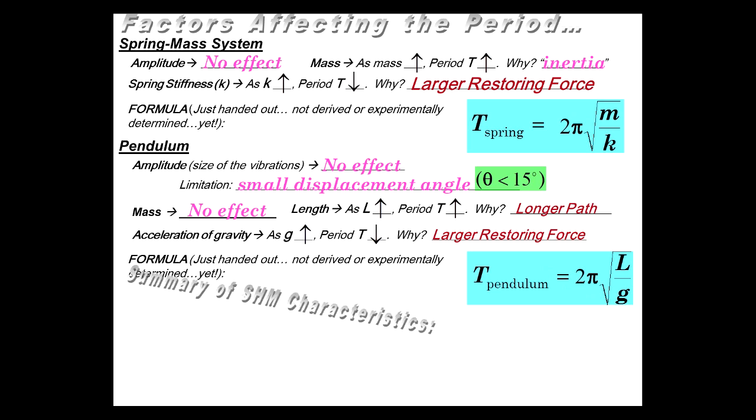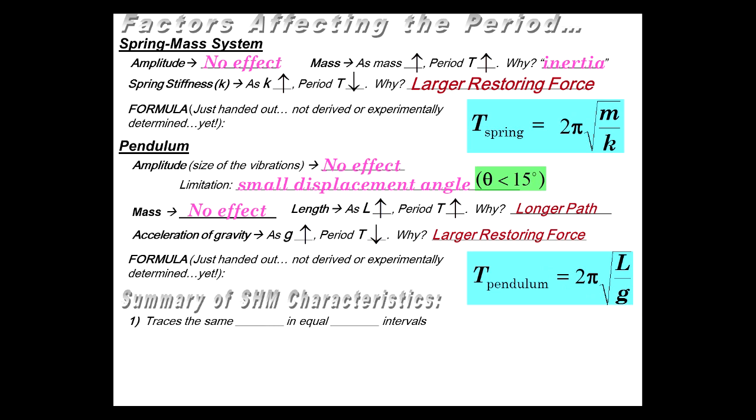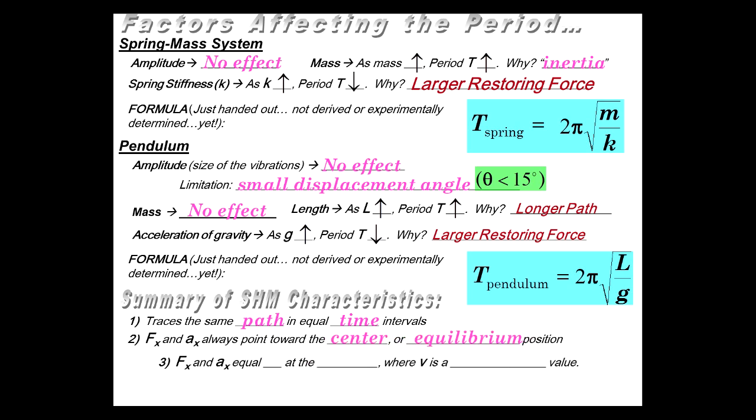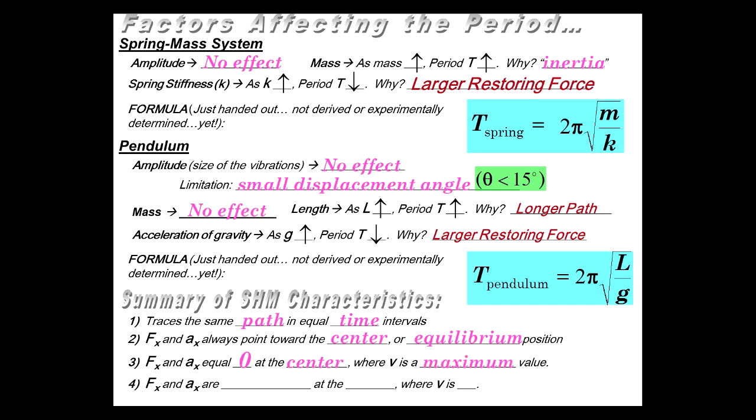And there's the formulas. Now, summary of SHM. SHM is motion that traces the same path in equal time intervals. So it keeps doing the same path over and over in the same amount of time. The force and acceleration point toward the center, or the equilibrium position, of the SHM, and that force and acceleration is 0 at the center, but the center is where v is at a maximum value.